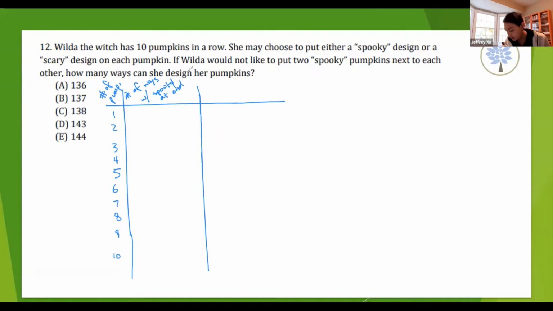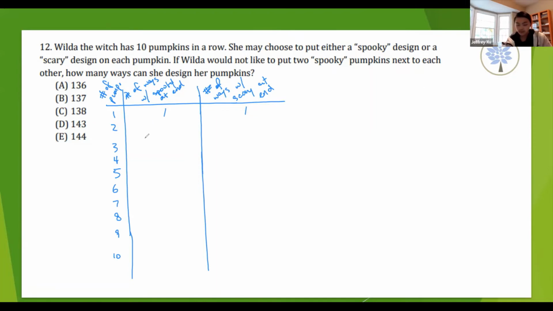And the right column is just the number of ways with a scary design. So if there's only one pumpkin, then there's only one way for each, for example. And now we just have to fill in this table and get the numbers in the final row.